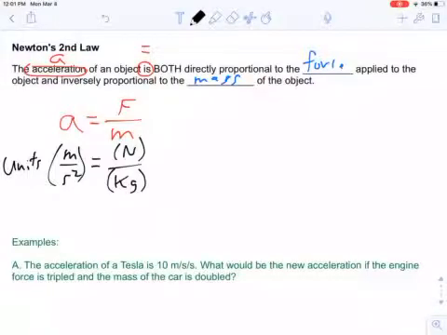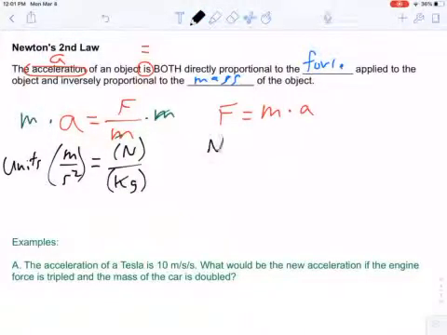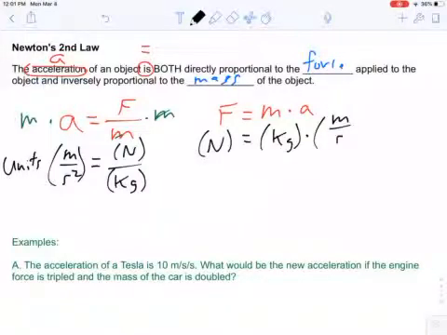This equation can also be written another way. If we multiply both sides by mass, then we get the masses canceling out on the right side, and we get F equals M times A. If we look at the units this way, we'll see that we have newtons for force equals kilograms for mass times meters per second squared for acceleration.